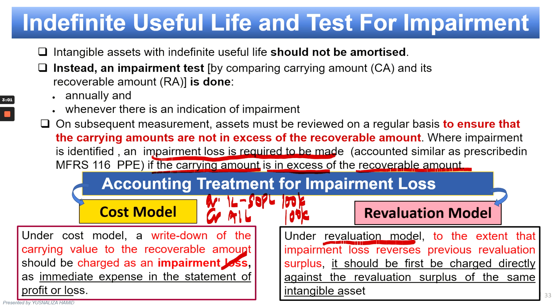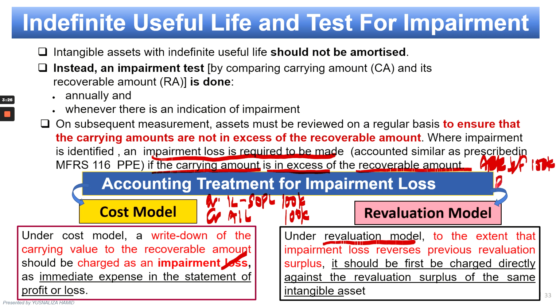To the extent that impairment loss reverses previous revaluation surplus, it should be first charged directly against the surplus. Let's say the impairment loss is 100,000, and there is an asset revaluation reserve balance of, let's say, 150,000.